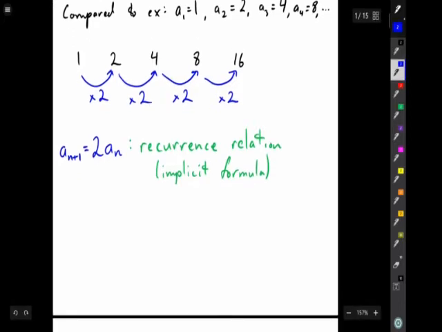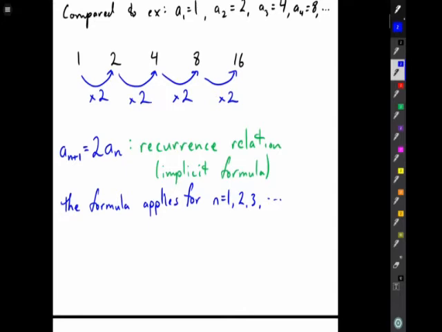For example, we need to say the formula applies for n equals 1, 2, 3, and so on. Another thing we have to specify is what the first term is, because we can't plug n equals 0 into this.